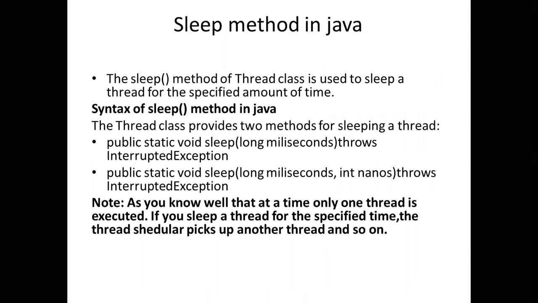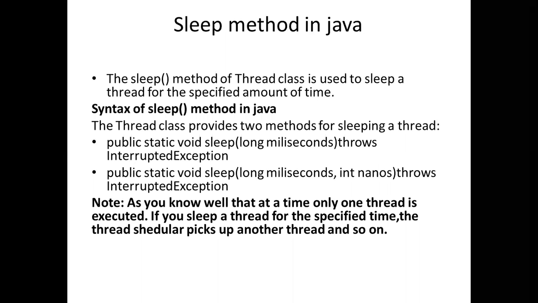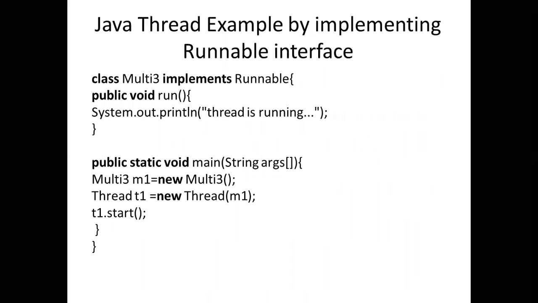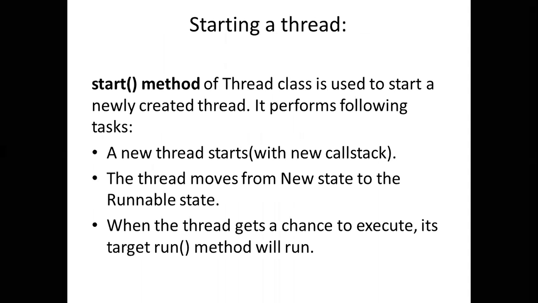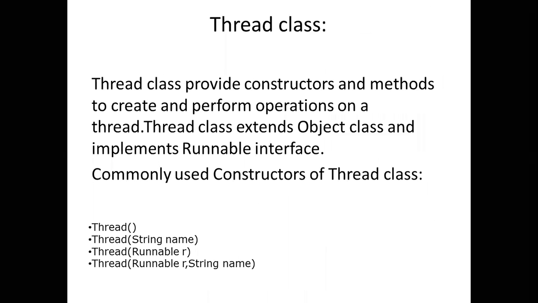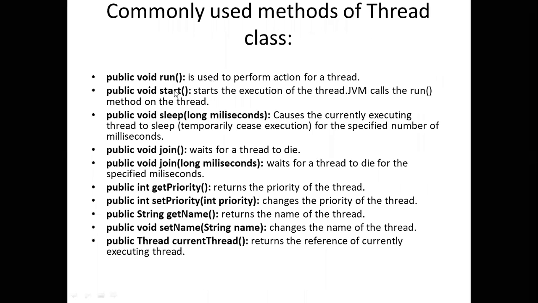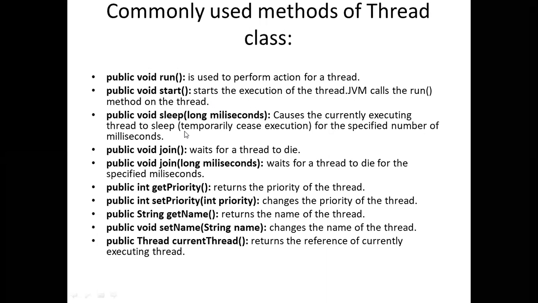Now for this thread scheduling, there is another method, the sleep method. The sleep method of the thread class, if you remember the thread class that we have implemented, we have discussed the run method and the start method. The next method is the sleep method.